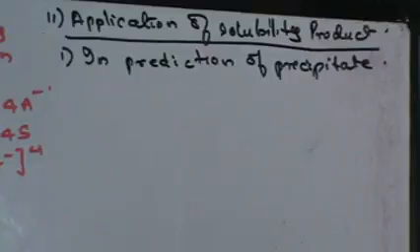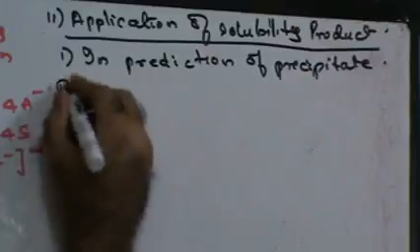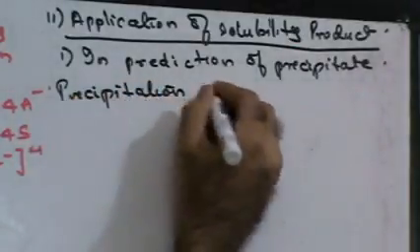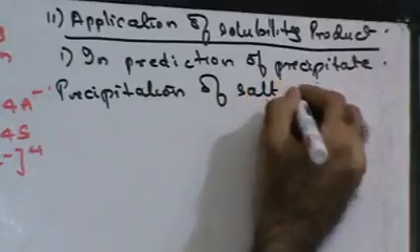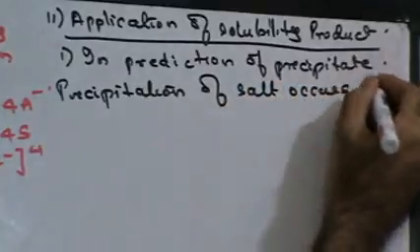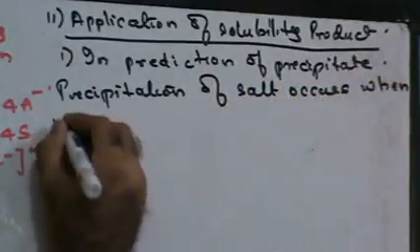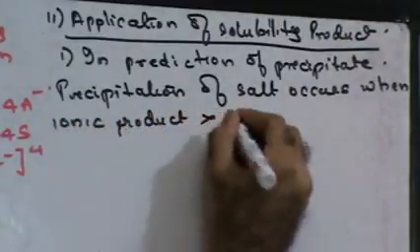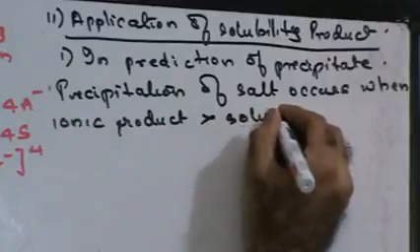Precipitation of salt occurs when the ionic product is greater than the solubility product.